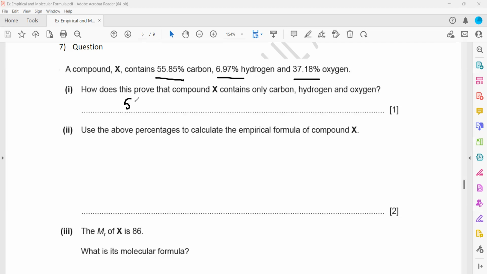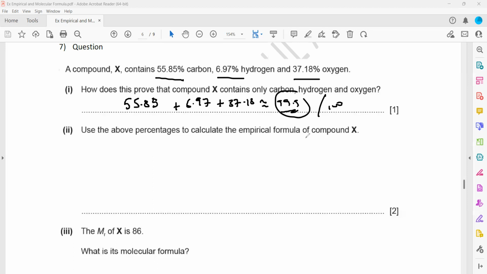So when we sum them, 55.85 plus 6.97 plus 37.18, the total percentage should be 99.9 or 100%. Like the sum should be either 99 or 100. Means there are no other percentages left, which shows that no other elements are there. The sum of all these percentages gives us 100%.